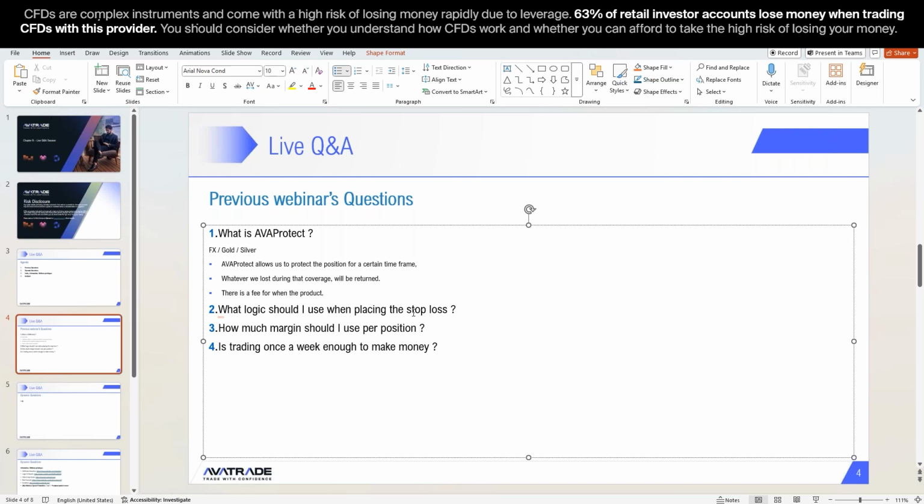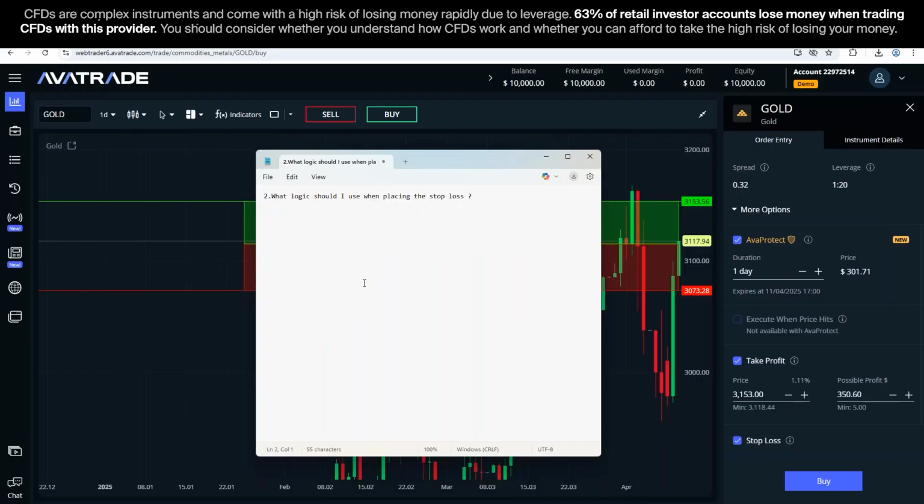And the second question is, what logic should I use when placing the stop loss? Since we've already done something here with gold, maybe it's important to also point out that we're working with gold at the moment.